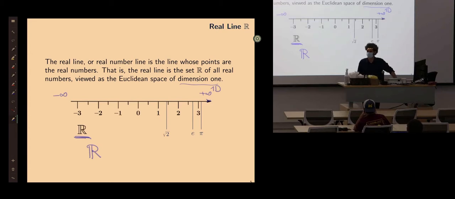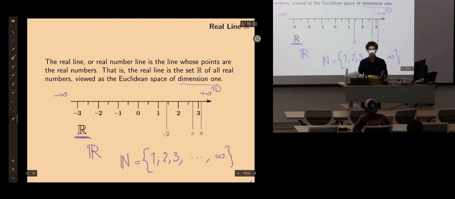Can we count them? Uncountable. What does it mean, countable? Give me an example of a countable set. Natural numbers. The set of 1, 2, 3, right? This also goes up to infinity, but we can count it. 1, 2, 3.